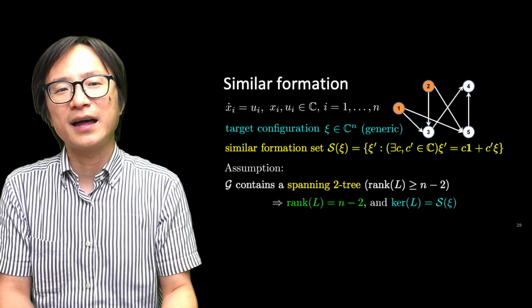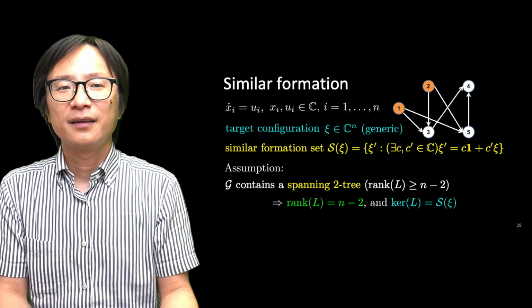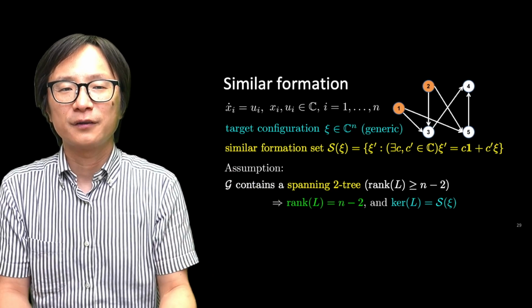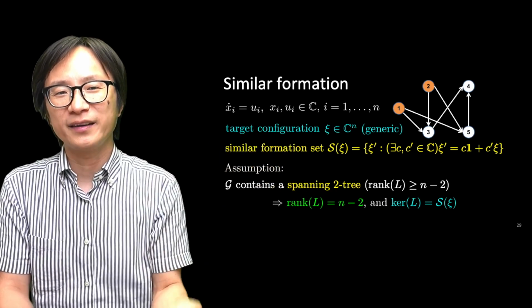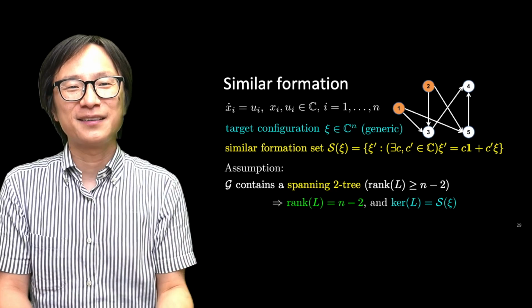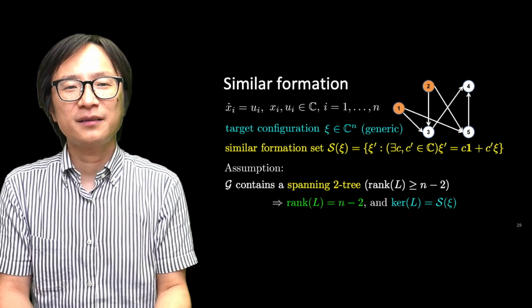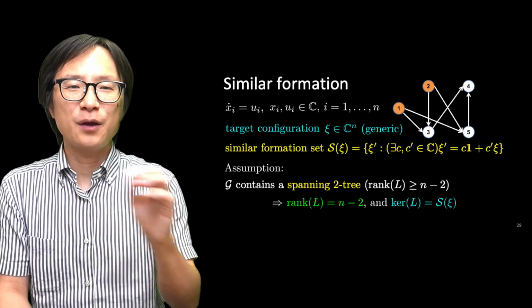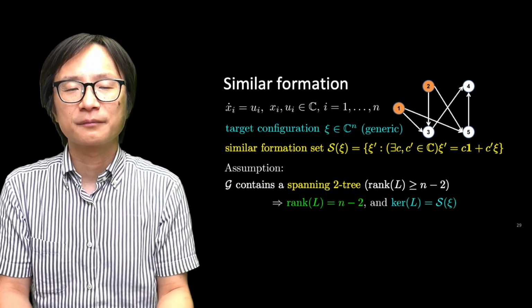And that means that the kernel of the complex Laplacian is exactly the set of all similar formations. And that's exactly what we want, because with this equality, we feel safe to drive the state toward the kernel of the complex Laplacian, because anywhere in the kernel, it's a similar formation, and that's what we want.